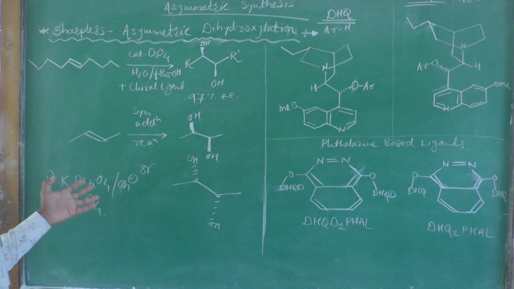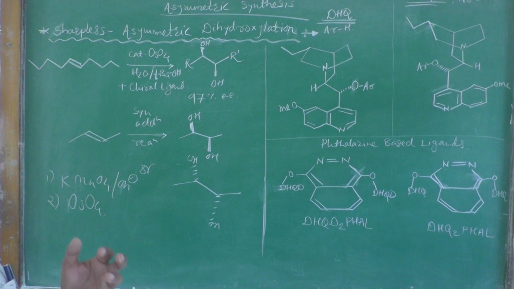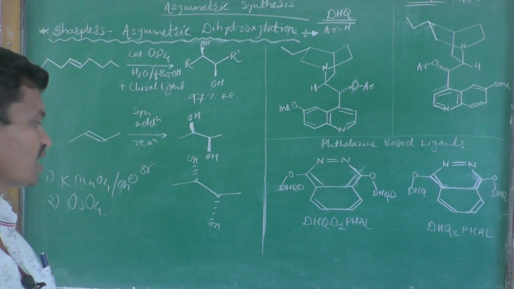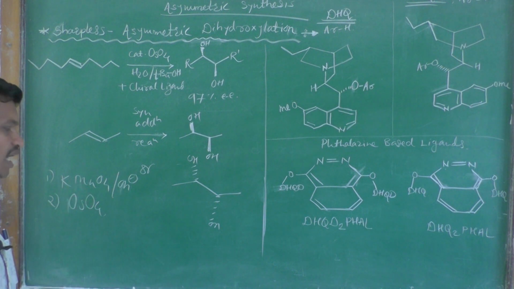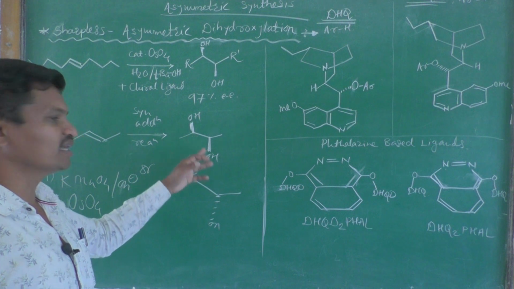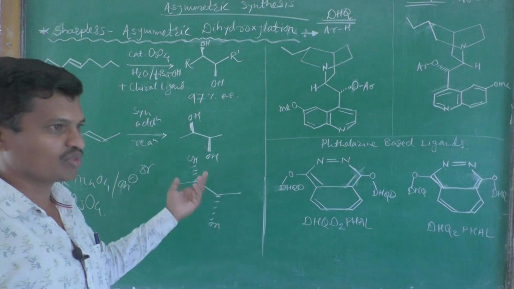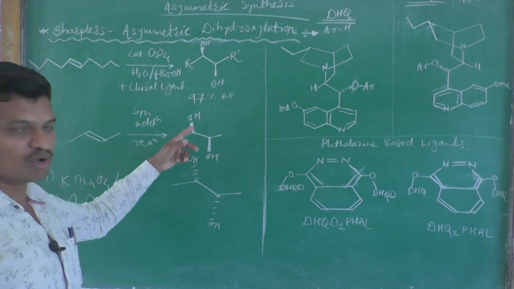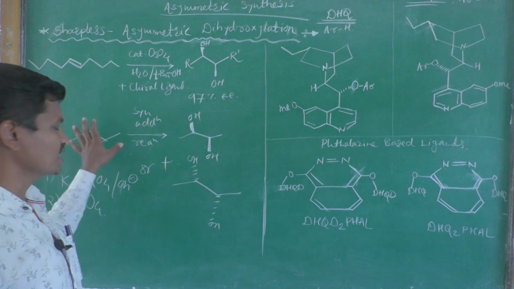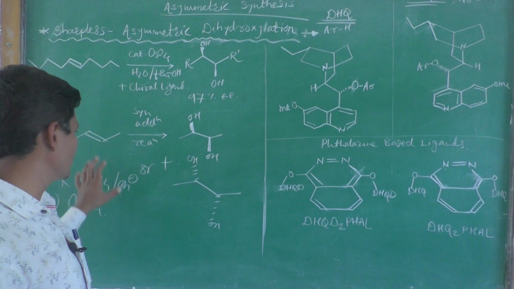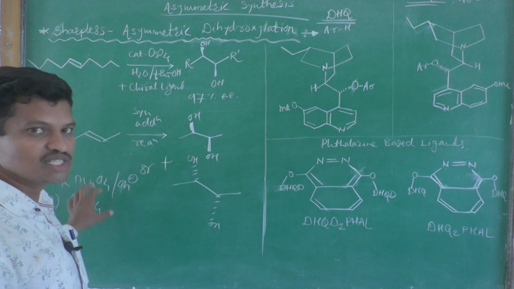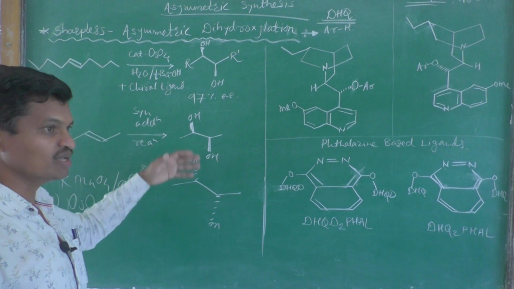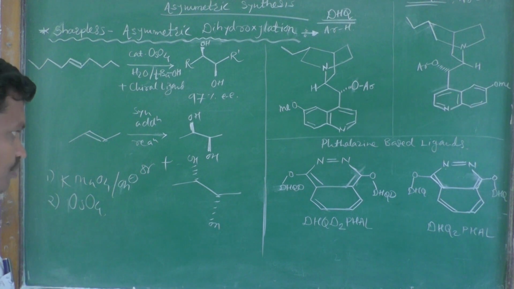But they are widely used in synthetic chemistry because they give the desired product, that is syn diol or syn glycol, either one or we may get the racemic mixture of these two. So when we start with a simple alkene and use these reagents, we may end up with the racemic mixture of syn diol.